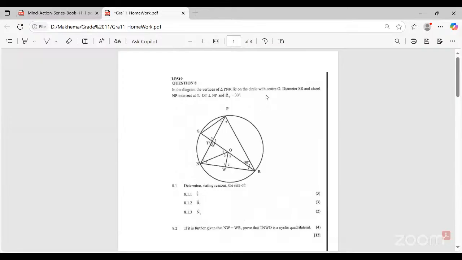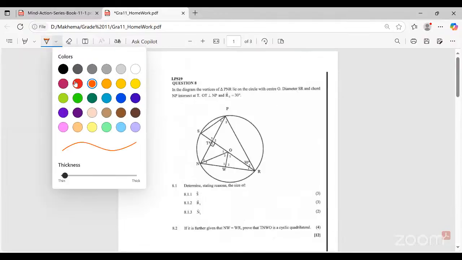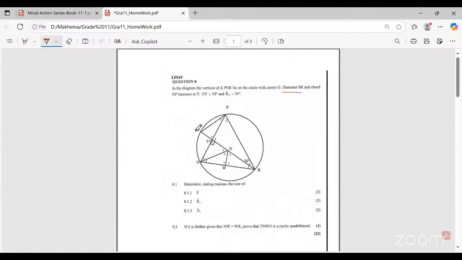This circle has the center O. Then the diameter SR implies something we are going to use. This diameter SR gives us 90 degrees, implied by the angle in a semicircle.